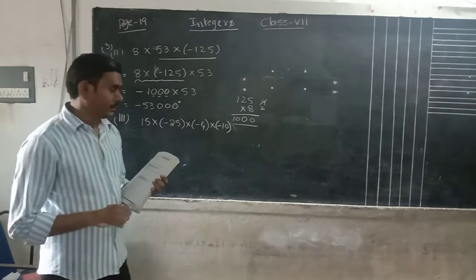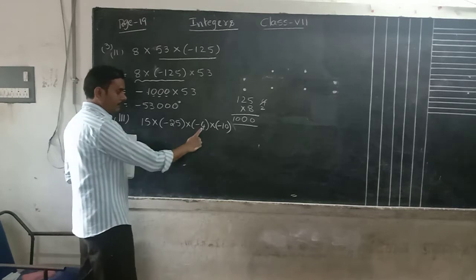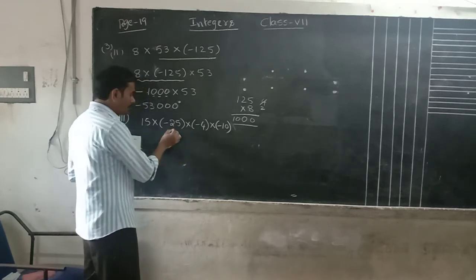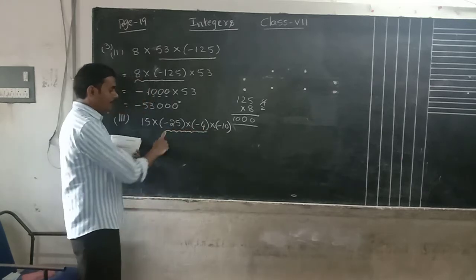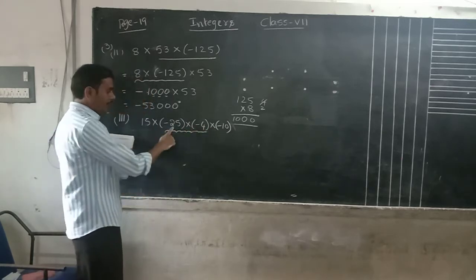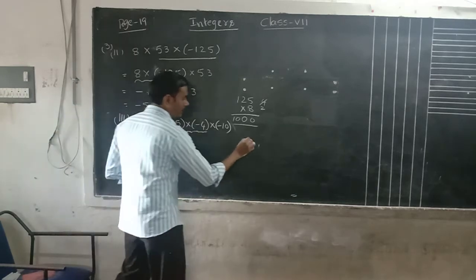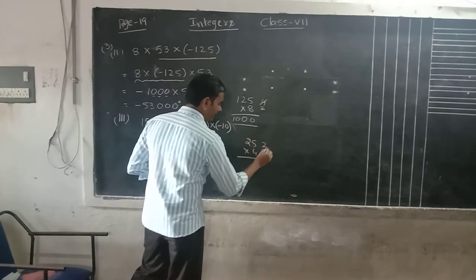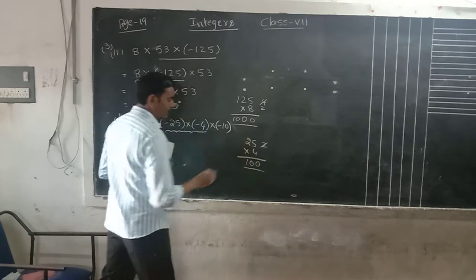If you multiply these two, you will not get 1 beside zeros. 4 tens are 40. If you multiply these two, we will get 100. 25 fours are 100. That means 25 multiplied with 4: 4 fives are 20, 4 twos are 8, 8 plus 2 is 10. 100.